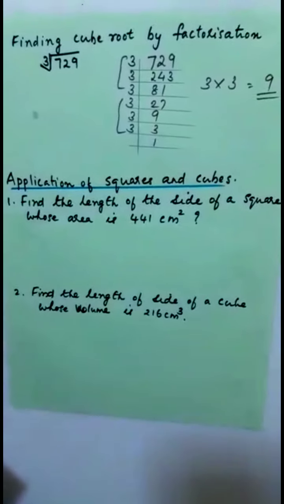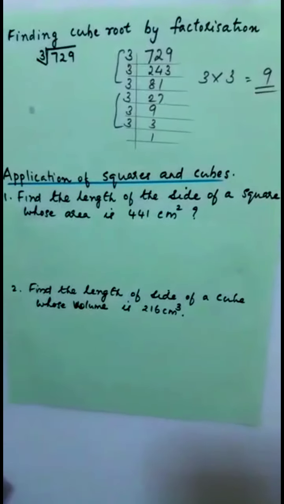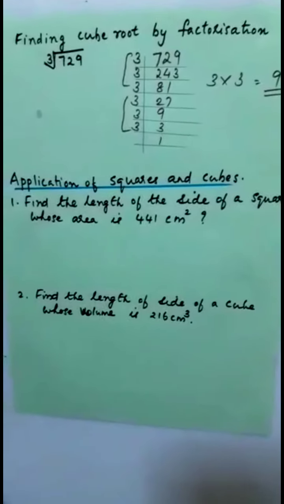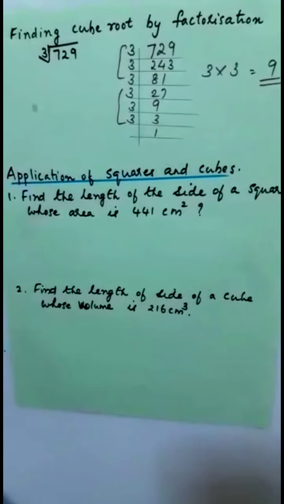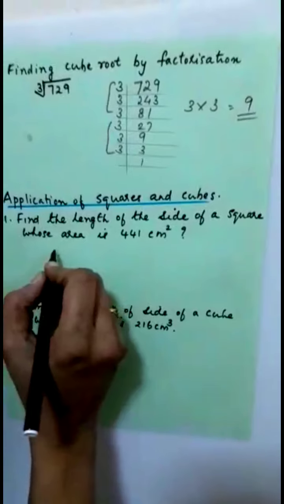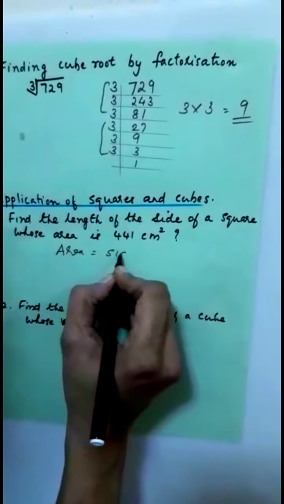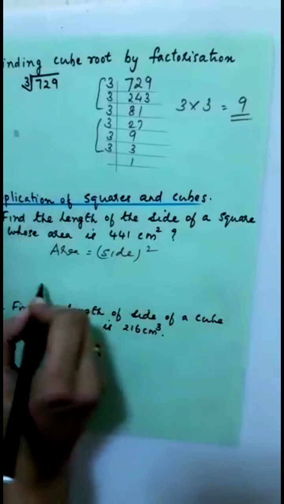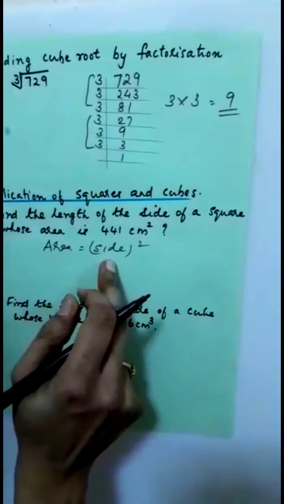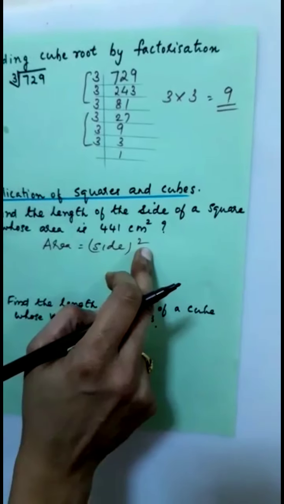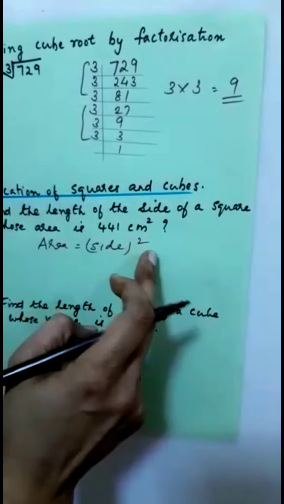Next is the application of squares and cubes. The first question: find the length of the side of a square whose area is 441. You know the formula for the area of a square is side squared, and you have to find the side. The area is given, so you have to remove the square by taking the square root. We learned the inverse of square is square root.